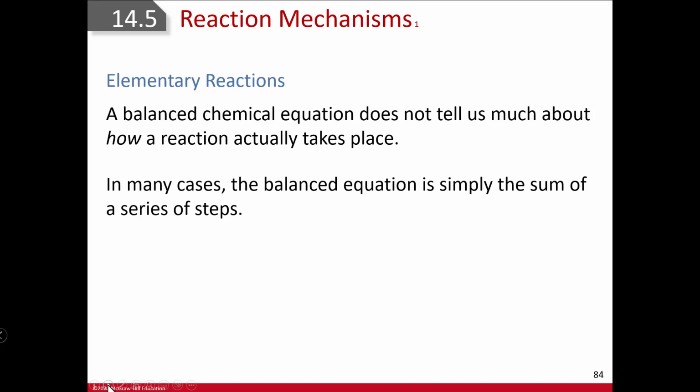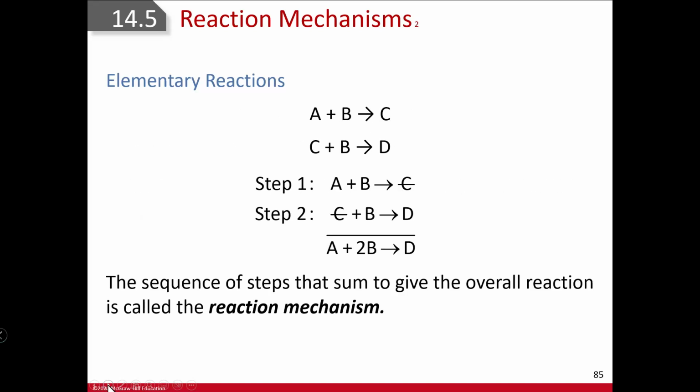So that's what we're going to find out in this section, that reactions generally don't happen in one fell swoop. It is a series of steps, and yes, we will get a balanced chemical equation out of it, but that balanced chemical equation doesn't illustrate how many steps it took to get to the products.